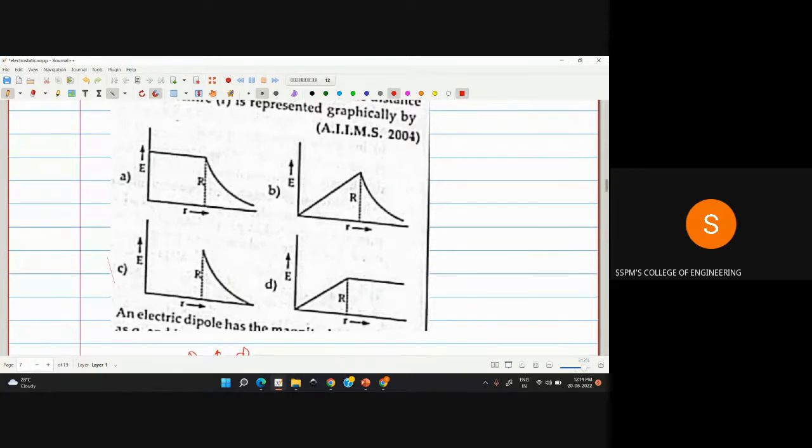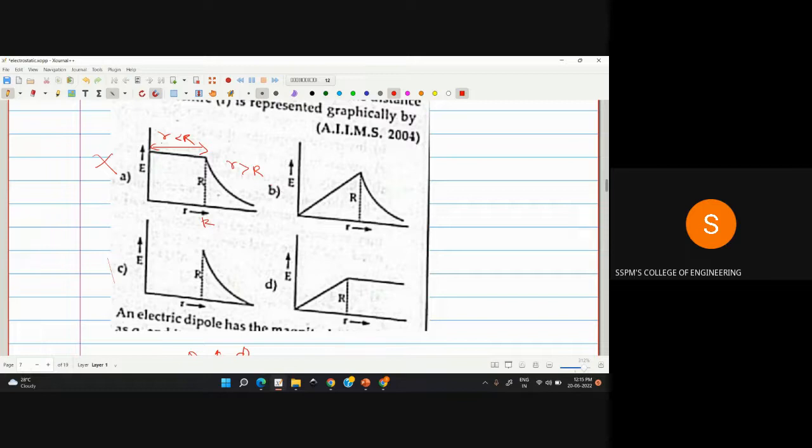This region is the region inside the sphere, where small r is less than capital R. And the region outside of the sphere is small r greater than capital R. You know that inside the sphere there is no electric field. So option A is wrong, it is incorrect.